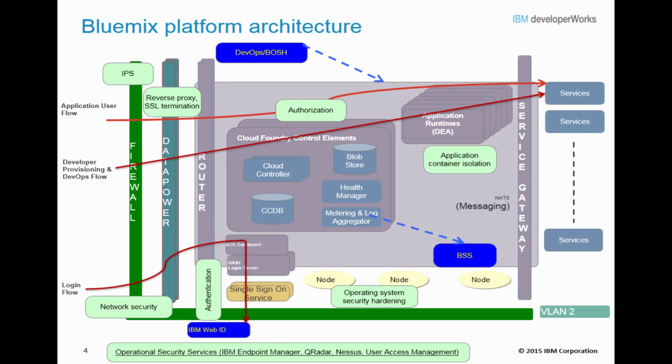So now the application log aggregator streams application logs to developers, as well as includes a metrics collector to gather metrics from the different components. So these are the different constituents of the Cloud Foundry and Bluemix architecture, let's go deeper into the cloud platform.